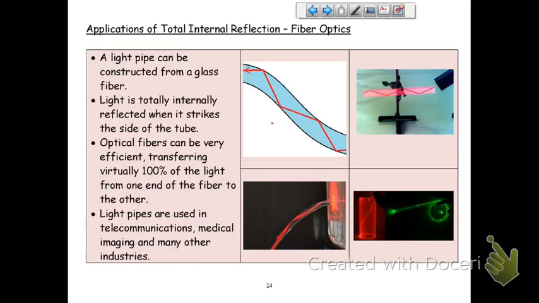And if I send it in at a big enough angle, beyond my critical angle, I don't get light refracted, I get total internal reflection. So all my signal stays inside the wire, and stays inside the wire, and stays inside the wire. This is better than having an electrical signal.